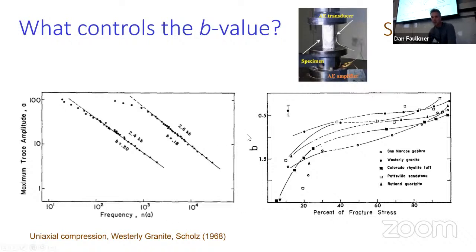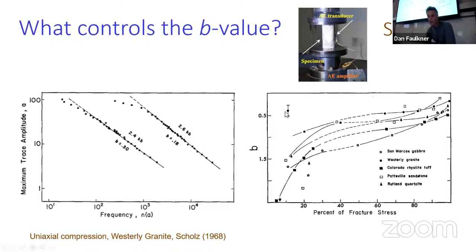These are some of Scholz's original data. He looked at an intact cylinder of a whole bunch of different rock types, from gabbros to quartzites. He stressed the rock uniaxially and measured small, really tiny earthquakes occurring within these cylinders of rock, what are called acoustic emissions.